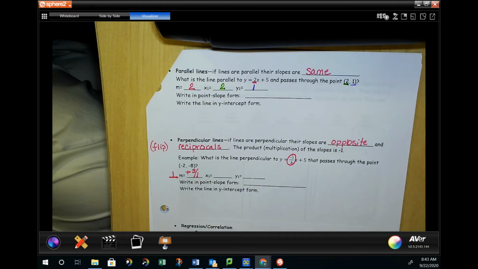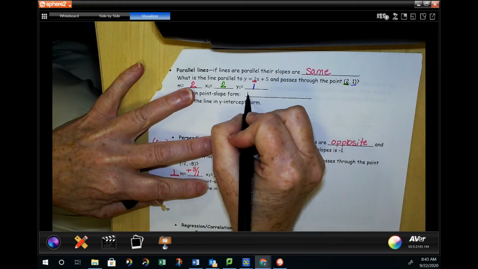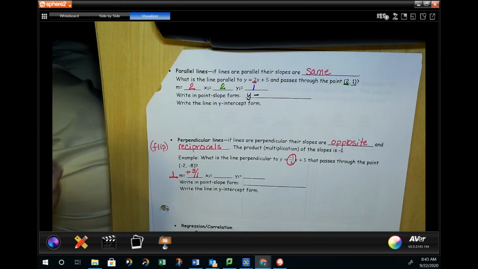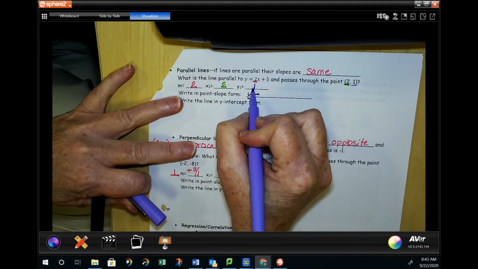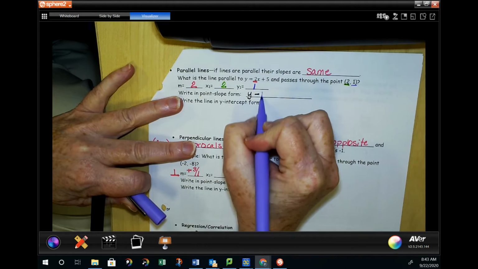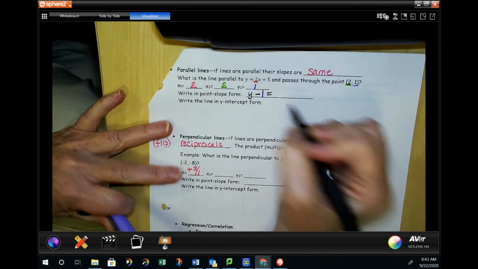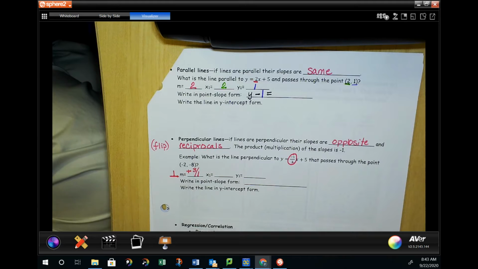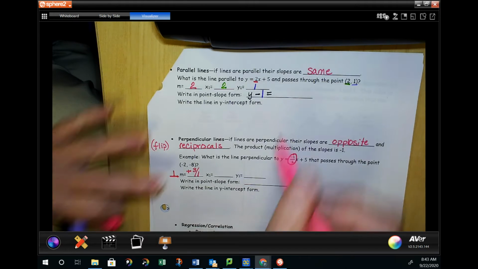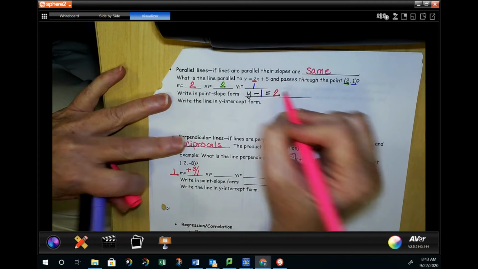So when we write in point slope form, it's y minus y1. And I told you just to make this the opposite. So the opposite of y1, so that's minus 1, equals your slope. And our slope in this is 2 because it's the same slope. They're going to be parallel.